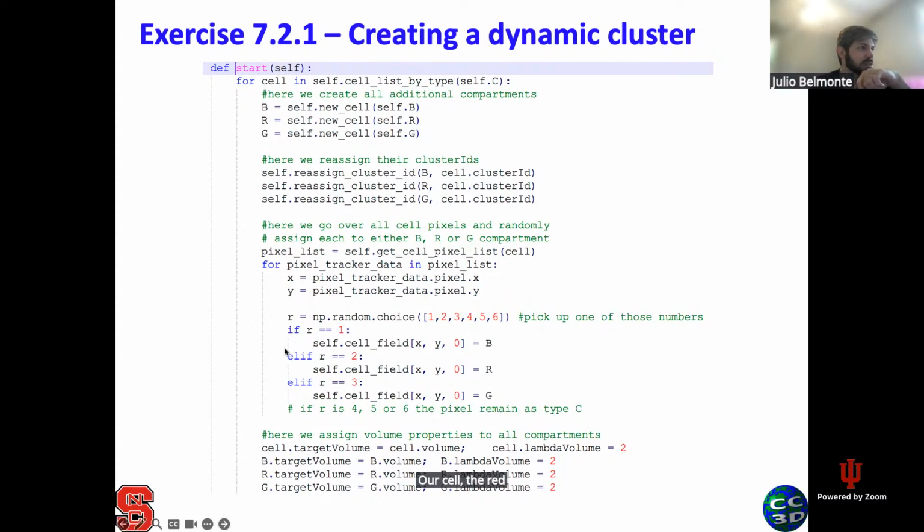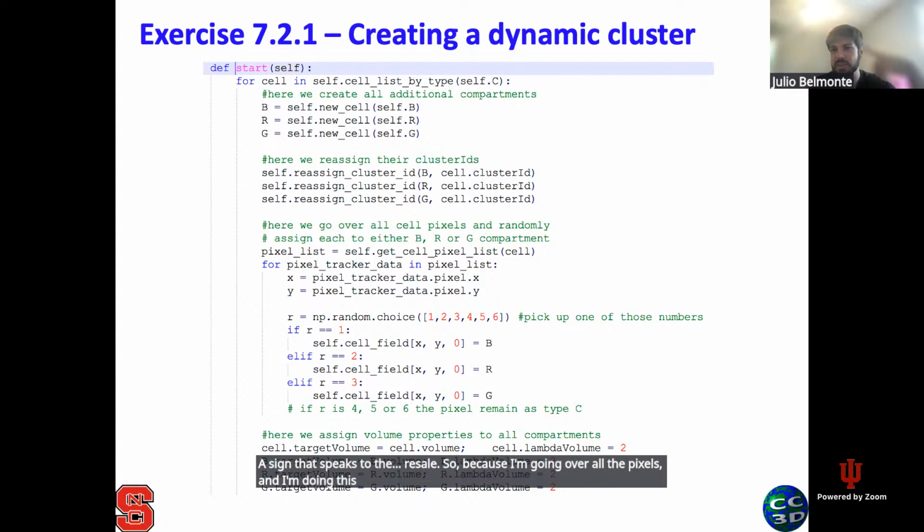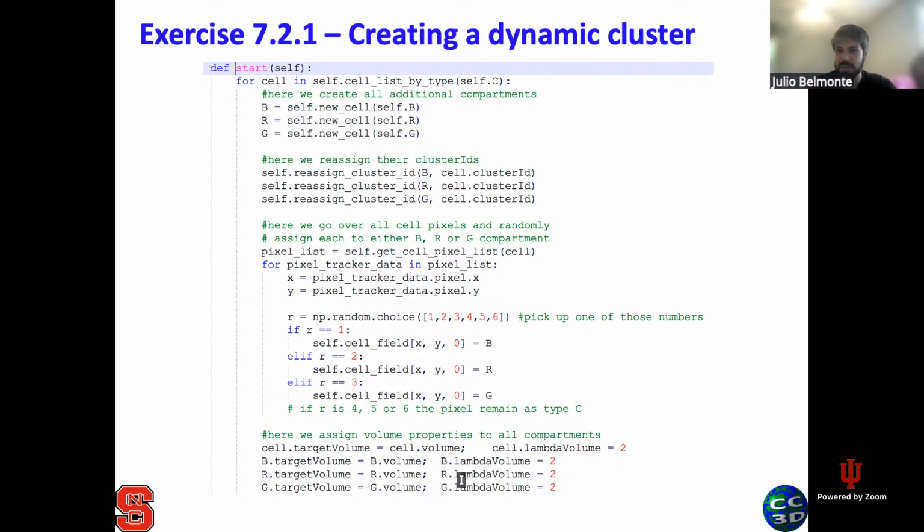And if this random number is 3, I assign that pixel to the green cell. Because I'm going over all the pixels and doing this with a random number generator, I have a mixture of blue, red, and green cells. And what happens if I select a random number that's 4, 5, or 6? Then I do nothing. The cell remains as its original type, the type C cytoplasm.